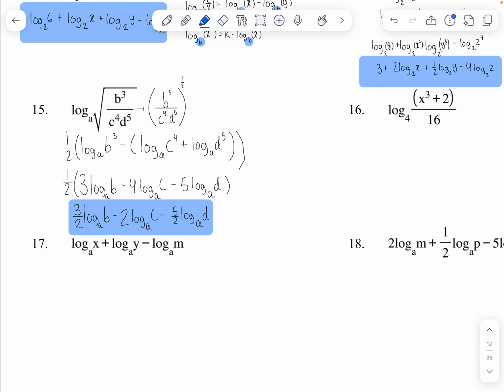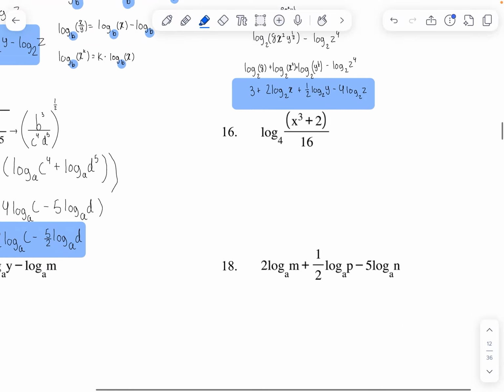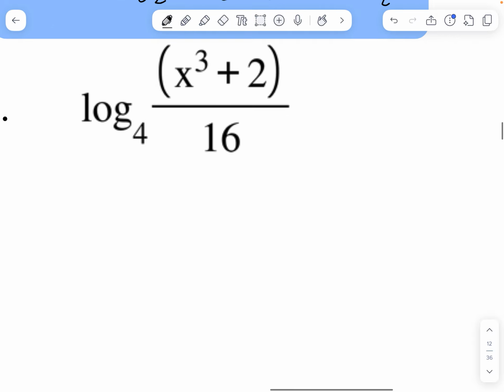Time for the next one. Okay. So for this one, this is really simple.